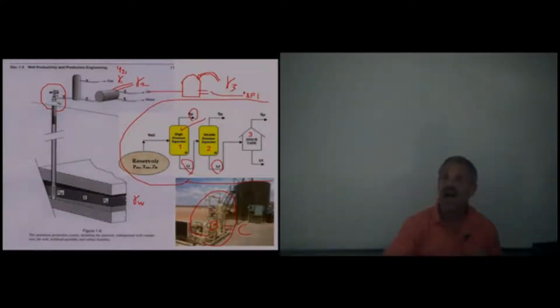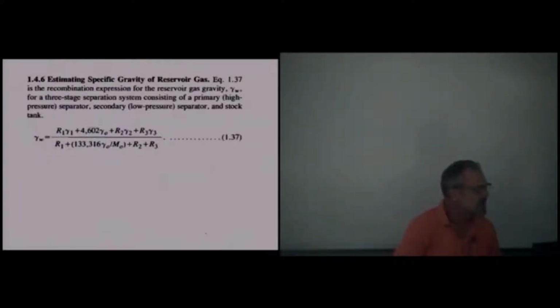So we have kind of a complicated mixing rule. If we actually had a measurement of the gas gravity of 1, 2, and 3, we have it for 1. But if we actually had the GOR for 2 and for 3 and its gas gravities, we can actually solve this problem. So this is the well stream gas gravity.